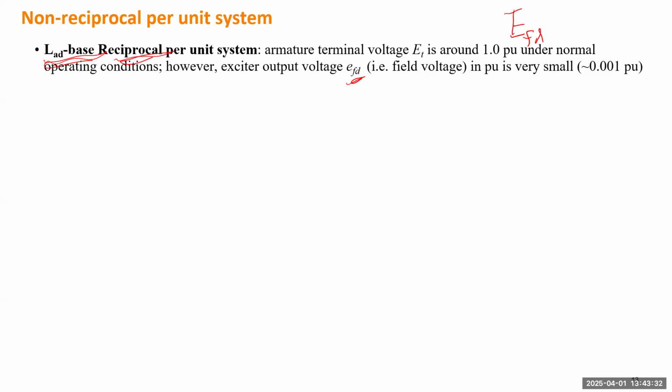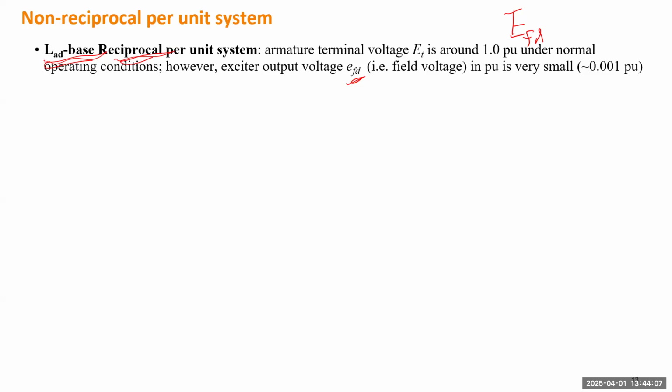So if it's not an independent variable, its base value can be determined based on others. But that gives you something not very convenient, especially when you deal with exciter modeling. One example is that if you follow this per unit system, the armature terminal voltage ET is basically around 1 under normal conditions.